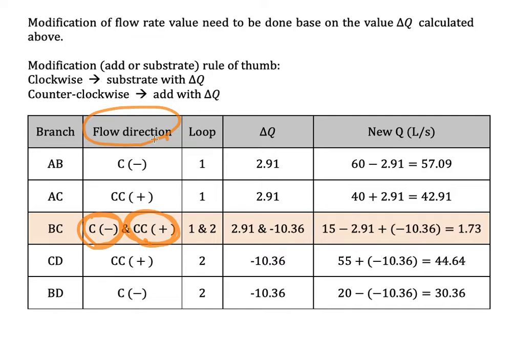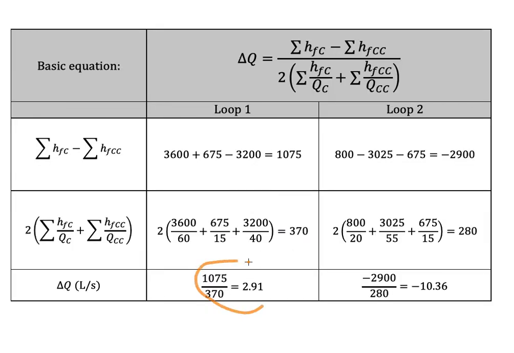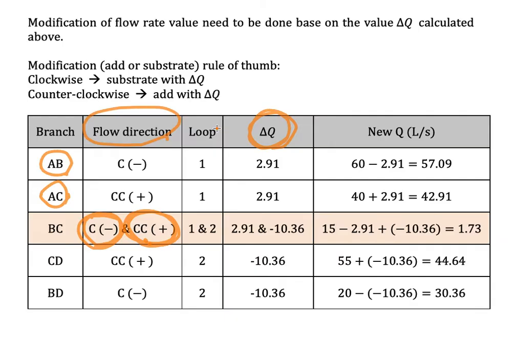For example, for AB and AC here, we are using delta Q from loop 1. So this is the value of delta Q from loop 1, and the value is 2.91. If negative, what we do is deduct the value of 2.91 from the predicted flow rate.